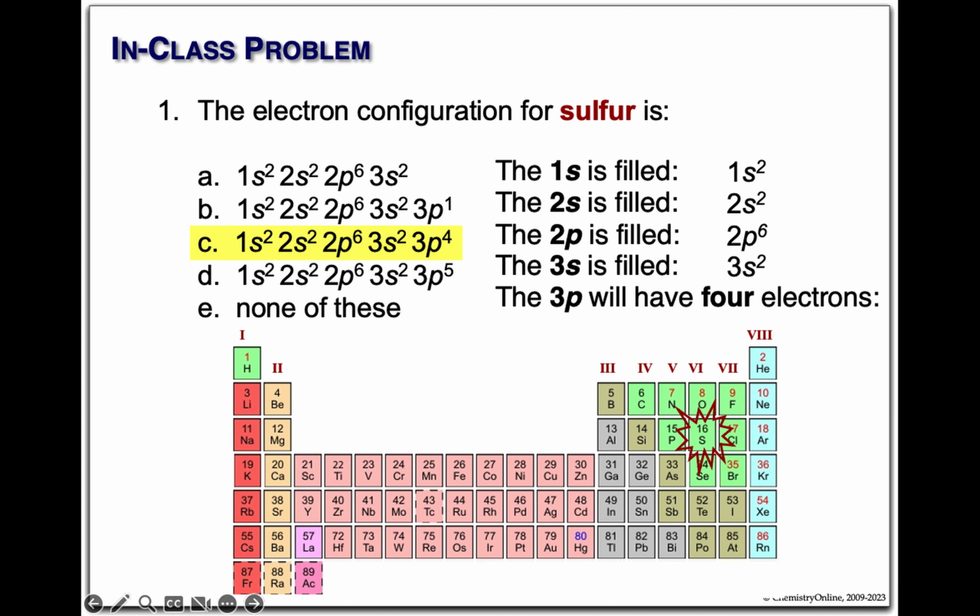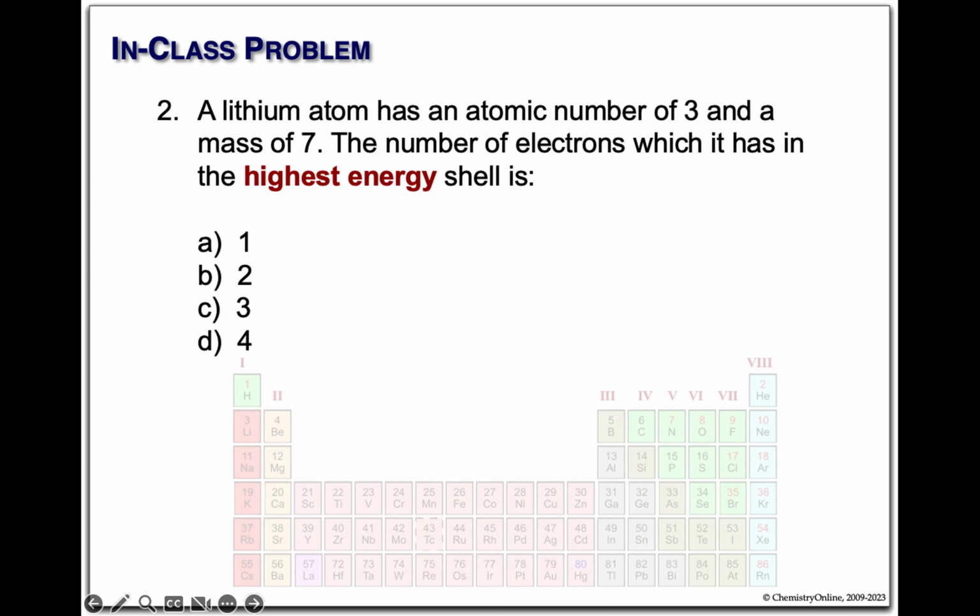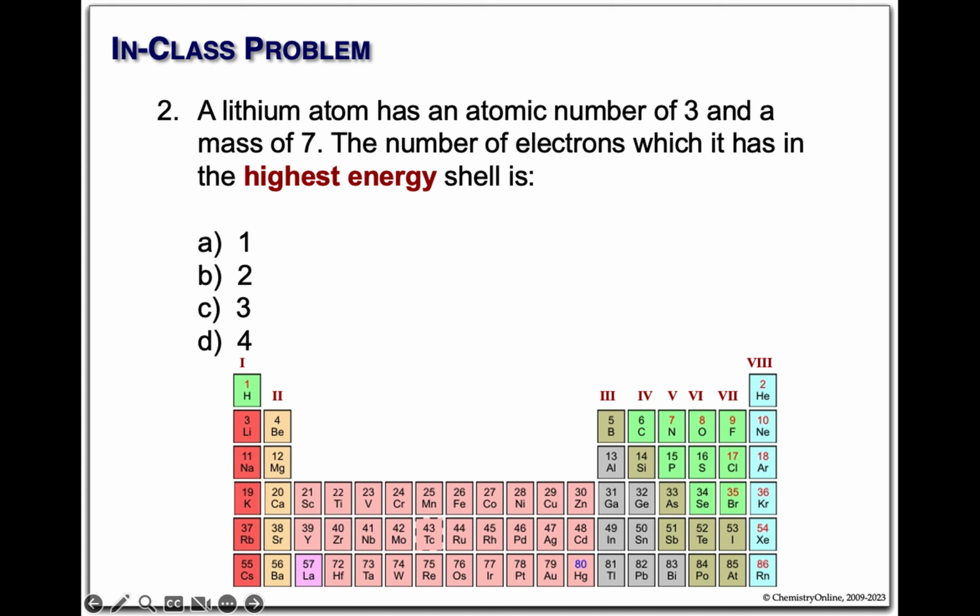Another test question. This one turned out to be a little trickier than I wanted, but still a decent question, I think. Lithium, atomic number 3. Number of electrons in the highest energy shell is what? Well, lithium is here.